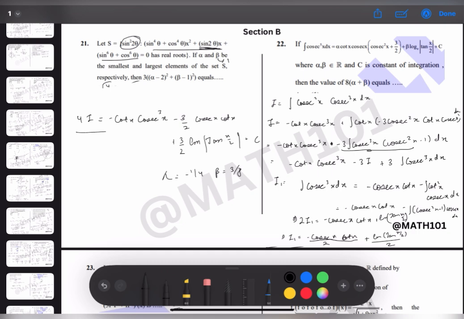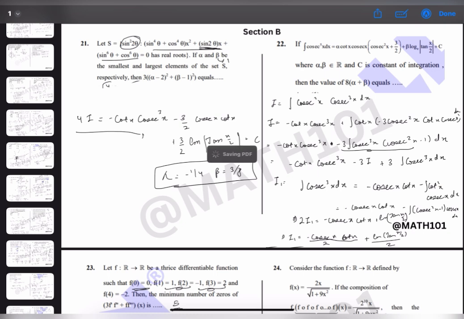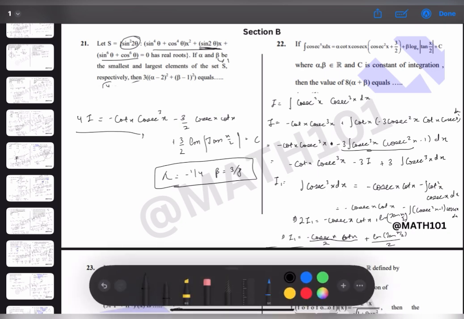Dividing by 4 on both the sides, we get this. So answer becomes 1. 8 times alpha plus beta is 1.